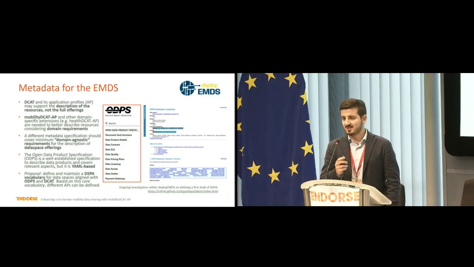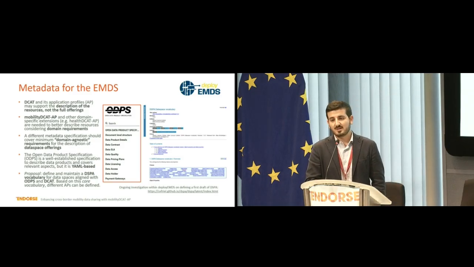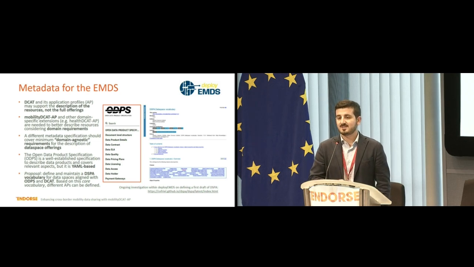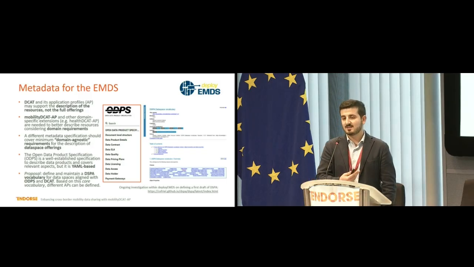Let me explain this concept a little bit. DCAT and all the application profiles support the description of resources, not the full description of offerings. And mobilityDCAT-AP and other domain extensions like health-DCAT-AP are of course needed because there are specific domain requirements that should be covered.